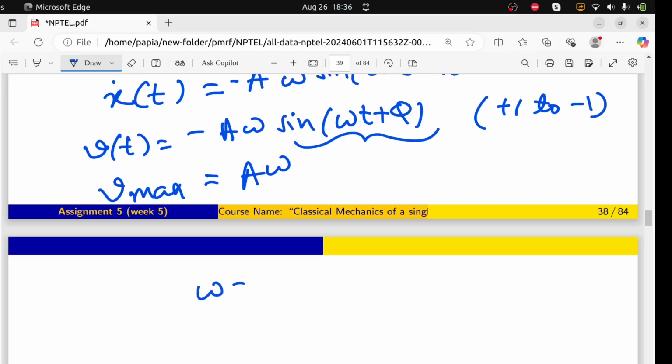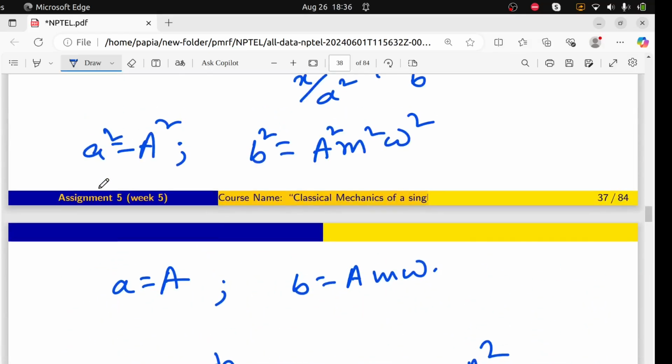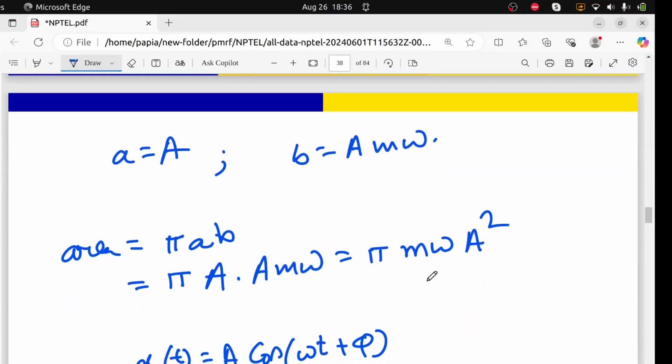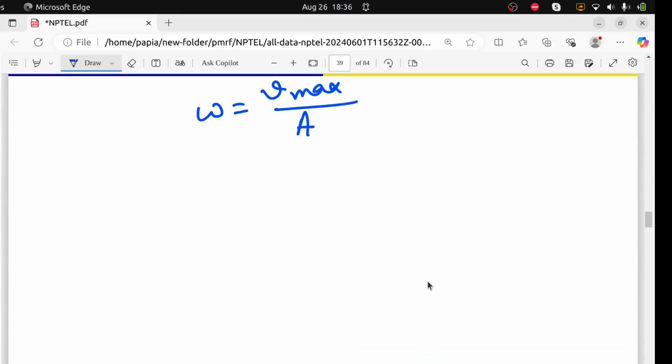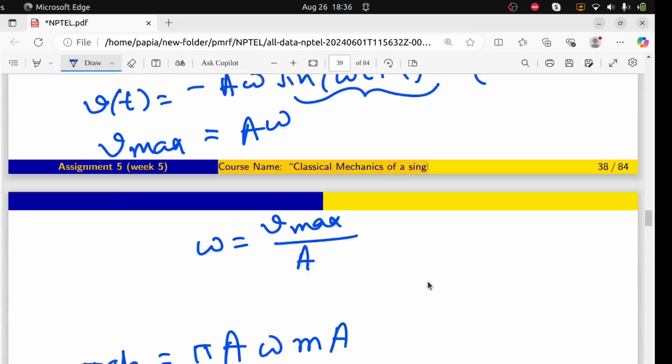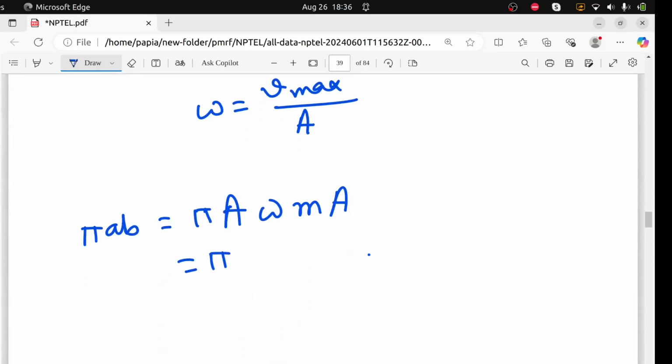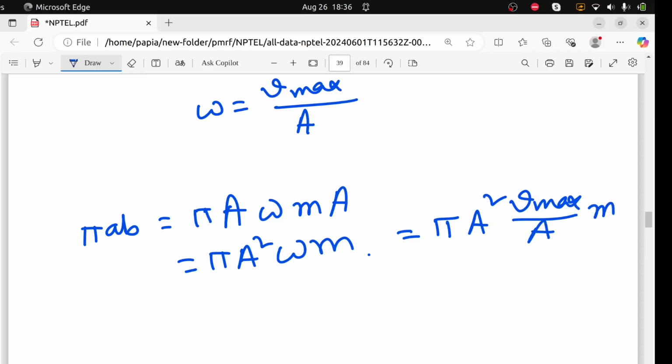So from there I can write here omega as Vmax divided by A. So if I am going to write here omega is Vmax divided by A, then what will happen? Pi a b is pi A omega m A. This was my answer. Yes. So I can write pi A square omega m, which is pi A square Vmax by A m.